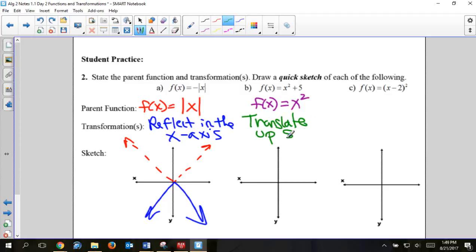Translate up 5 units. And then we will sketch our parent function, which is a U shape. And then we will translate that up 5 units. There you go. So there's no parentheses. It is vertical. If there are parentheses, it's going to be horizontal.